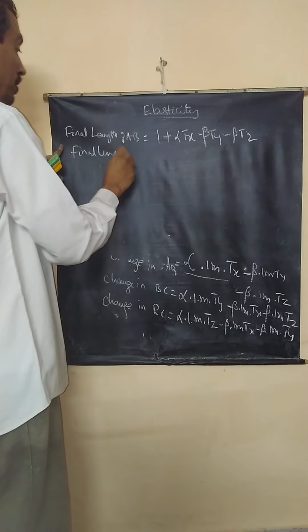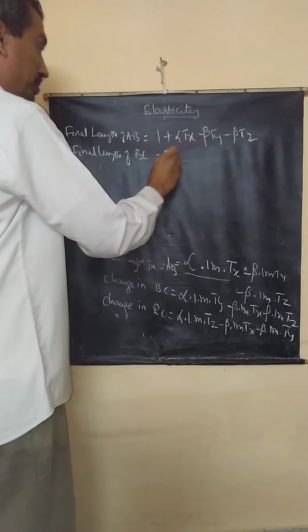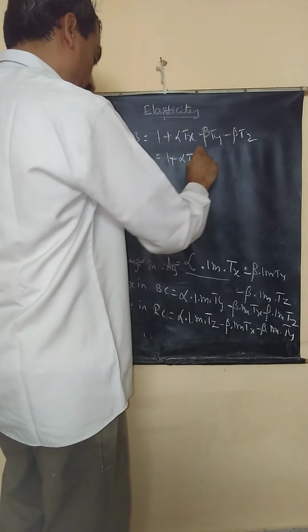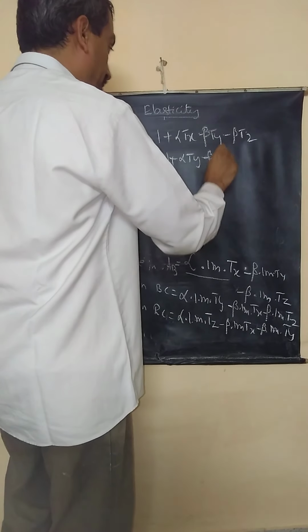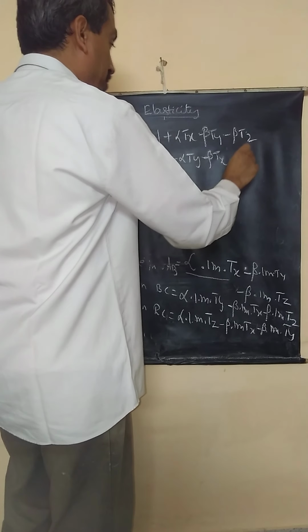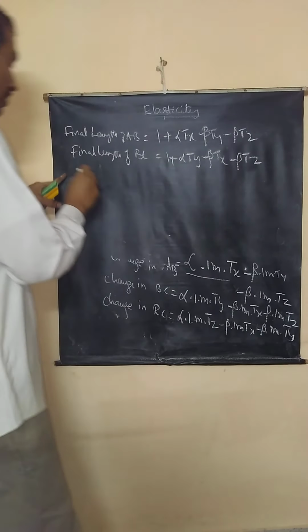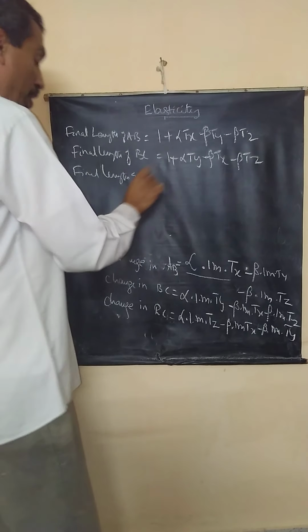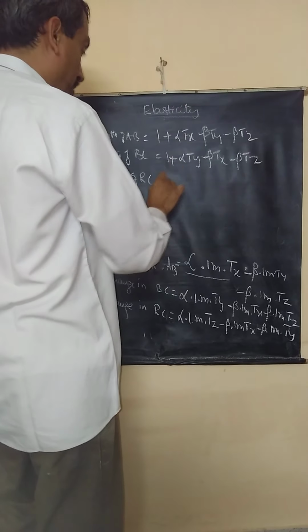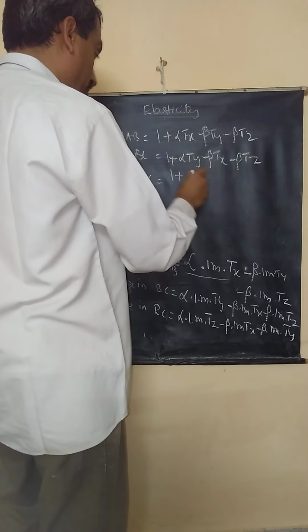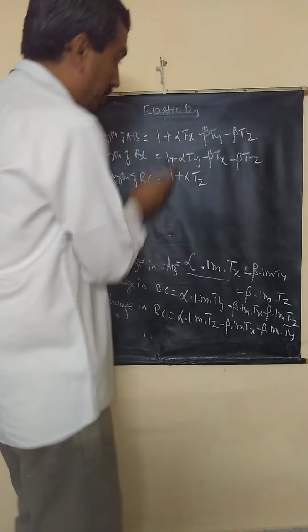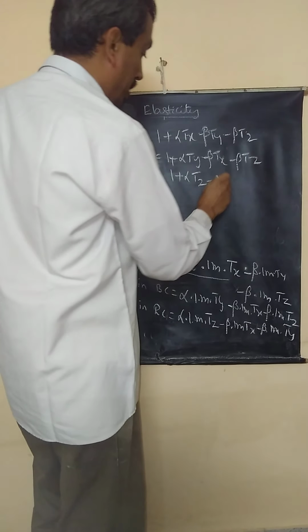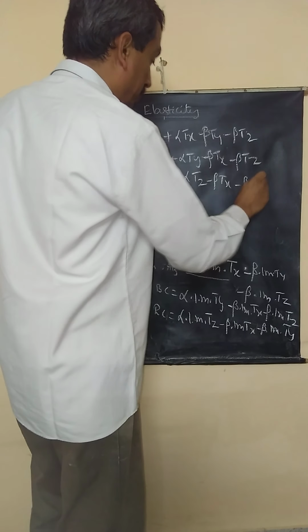The final length of BC is 1 plus alpha Ty minus beta Tx minus beta Tz. The final length of RC is 1 plus alpha Tz minus beta Tx minus beta Ty.